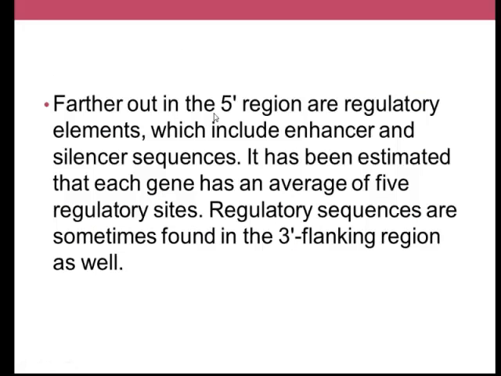Further out in the 5' region of the DNA molecule, there are regulatory elements which include enhancers and silencer sequences. For every gene, there are about 5 regulatory sites. Sometimes the regulatory sequences are not present in the 5' region, but instead in the 3' region.